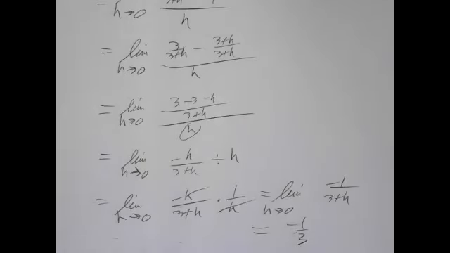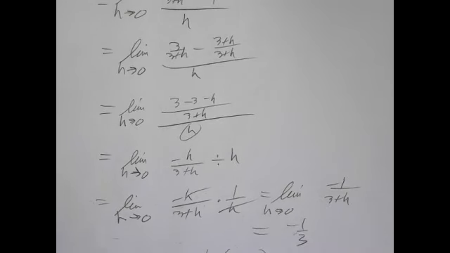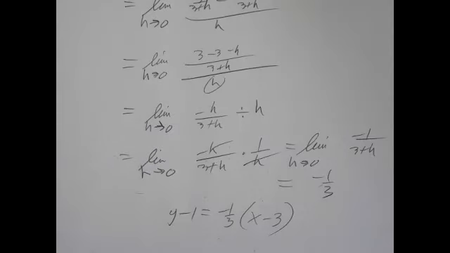If you wanted to go on to find the equation of the tangent line, then y minus y1 would be y minus 1 equaling m, which is negative 1/3, times x minus x1, which is x minus 3. Okay, there's the equation of your tangent line in point slope form.